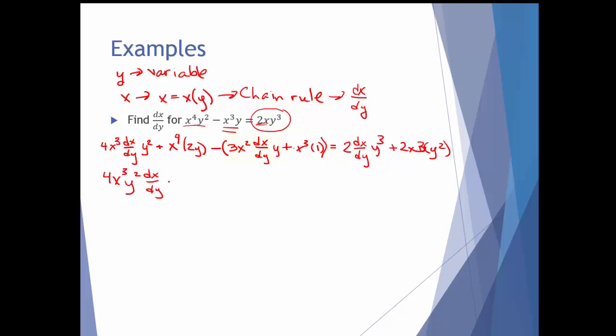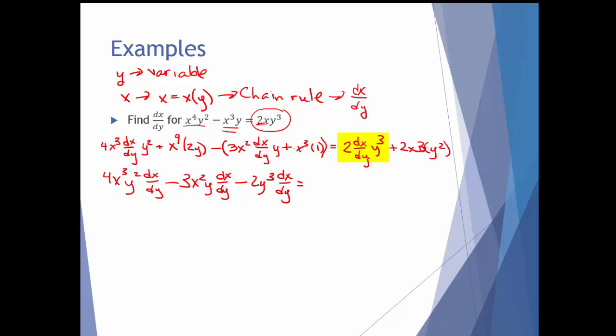Currently on the left side, I already have a minus 3x squared y dx dy. I moved this y up front. And then over to the left side, I'll be moving from the right minus 2y cubed dx dy.